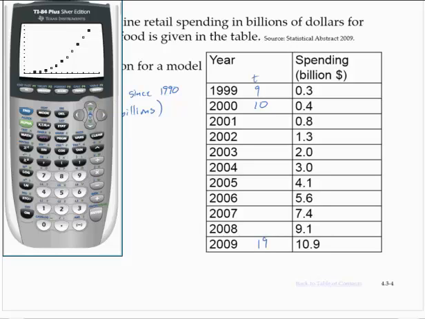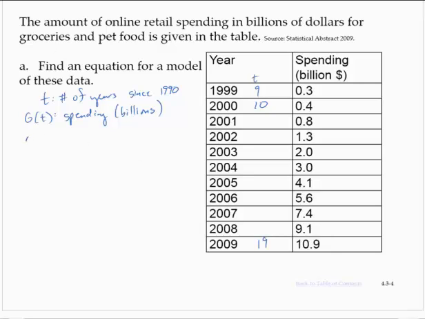It's certainly not linear. Let's try a quadratic model with the first data point as the vertex. So let's use the vertex as 9, 0.3. So then G of T would be A times T minus 9 squared plus 0.3.